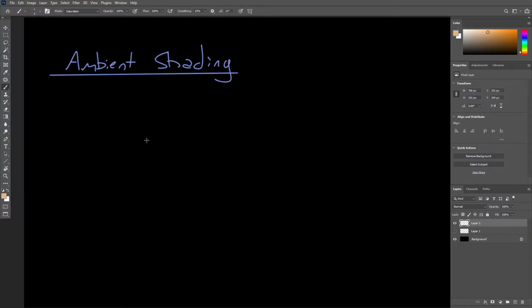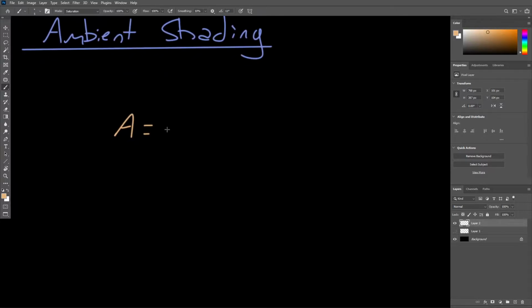And we could calculate our ambient shading intensity with a very simple equation here. Let's set A, which will be our ambient energy, equal to just the product of two values: our ambient reflection coefficient, which I'm going to call K sub A, times the ambient light intensity, which I'll call I sub A, right?